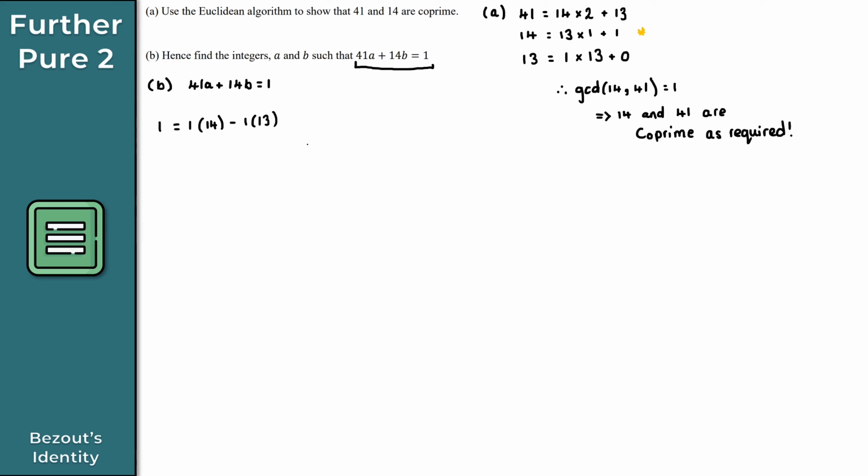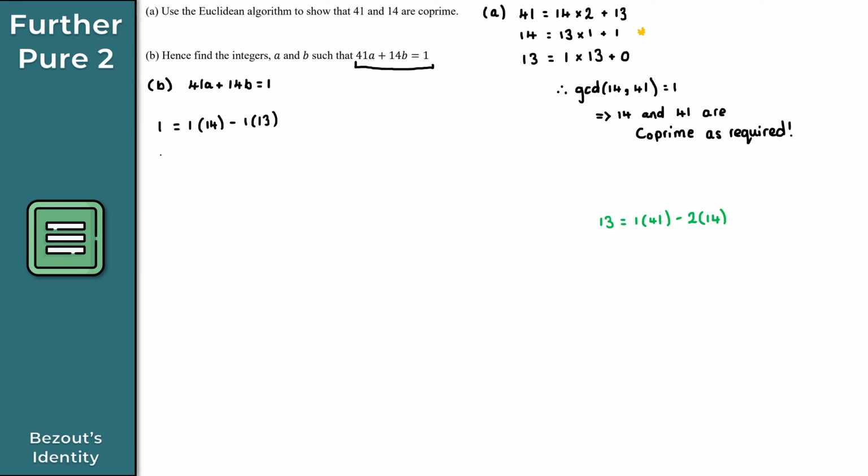So if we make 13 the subject, 13 is equal to 1 lot of 41 minus 2 lots of 14. And all I'm going to do, as we've just said, is substitute this into 13.